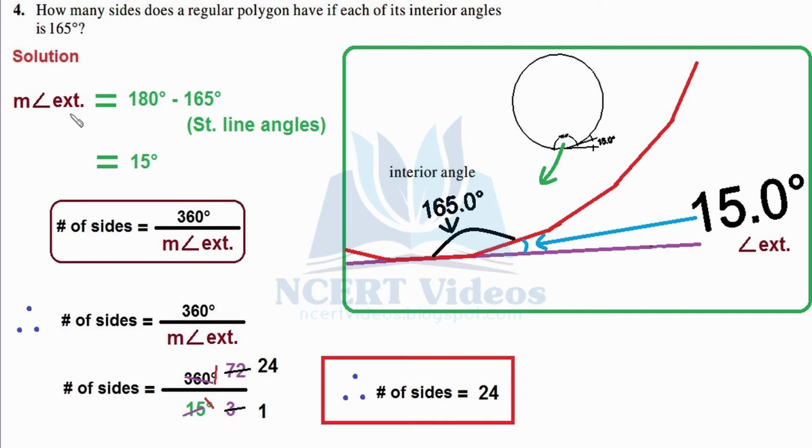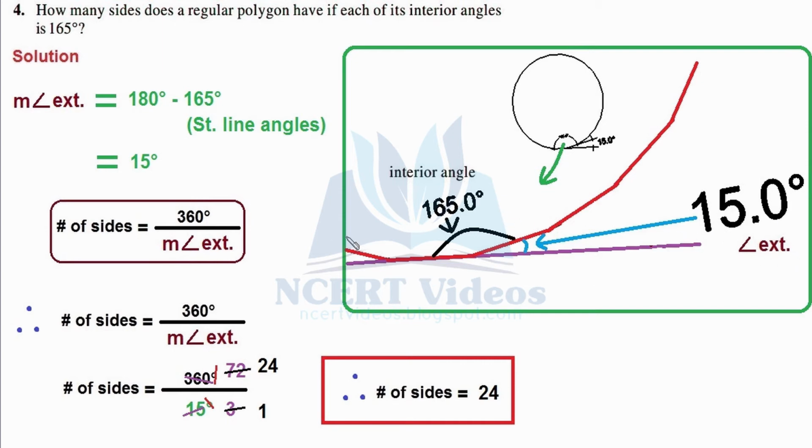That is, the measure of external angle will be equal to 180 degrees minus the given internal angle, 165 degrees. And it is better practice to write the reason why we are doing so, because the sum of all the angles on a straight line is equal to 180 degrees. When we subtract, we get 15 degrees. Therefore, the external angle measure is equal to 15 degrees.